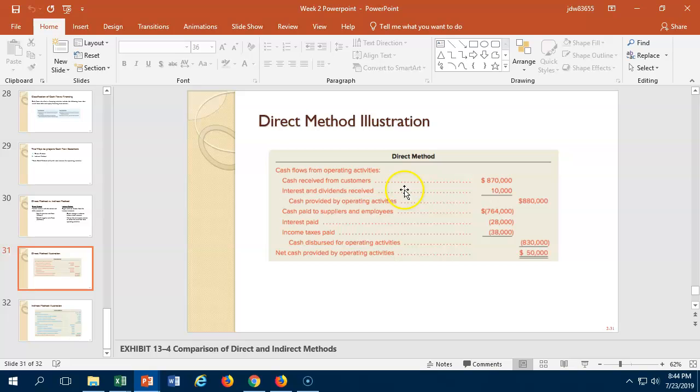So cash received from customers, interest and dividends received, and cash paid, interest paid, income tax paid, and then the net cash provided. Looks like this is just detailing out the operating activity section of this particular slide. But yeah, the net cash is going to be the same.